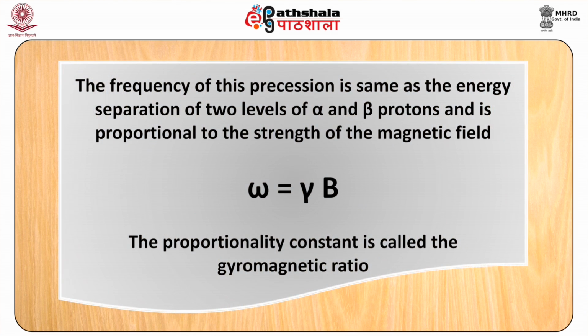The frequency of this precession is the same as the energy separation of the two levels of alpha and beta protons and is proportional to the strength of the magnetic field. That is, omega is given by gamma into B. The proportionality constant is called the gyromagnetic ratio. The frequency omega is expressed in terms of angular velocity.